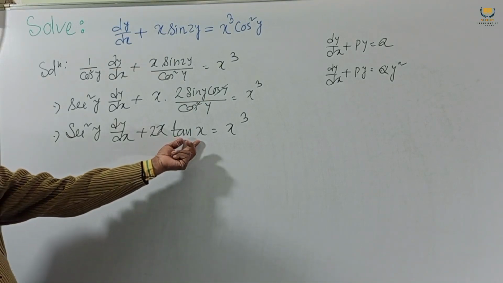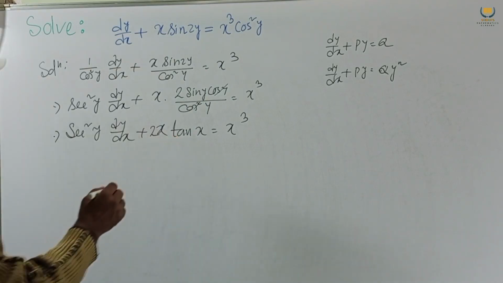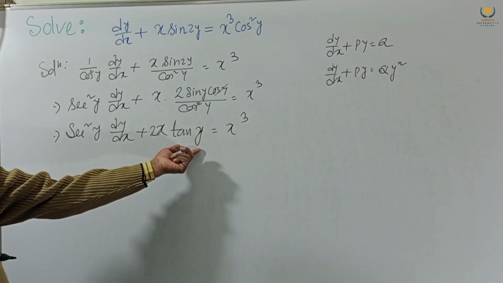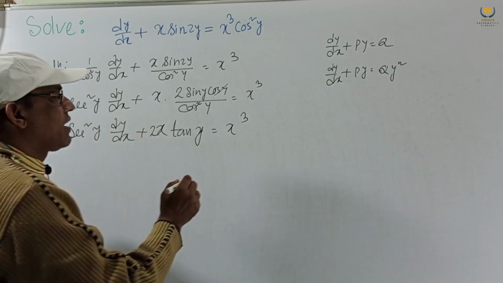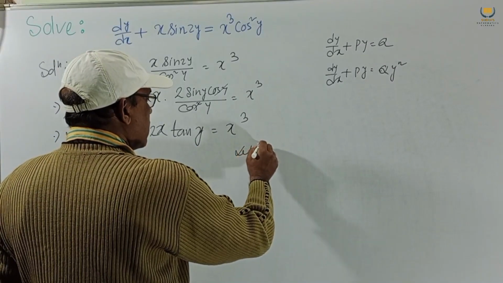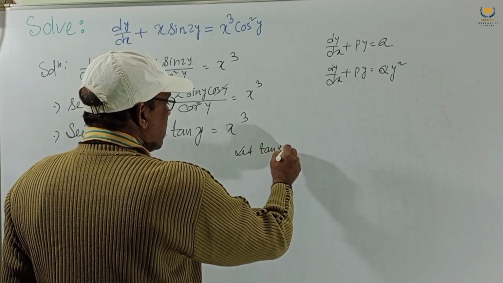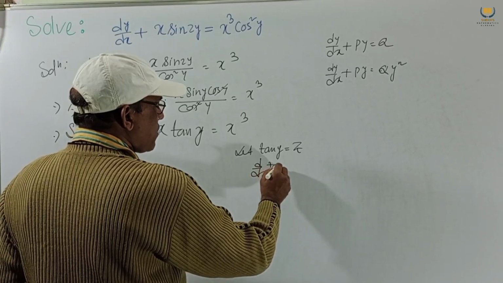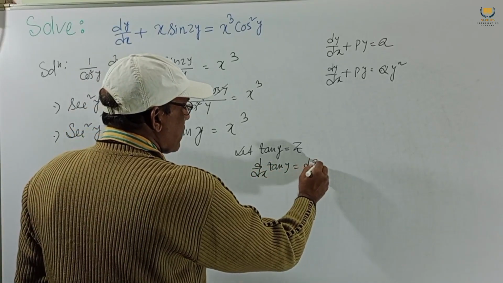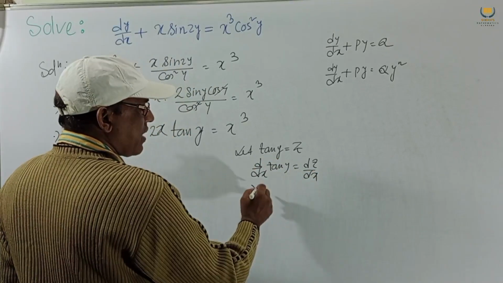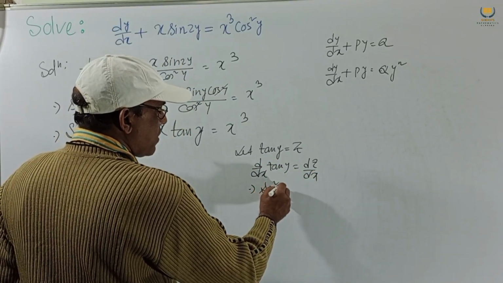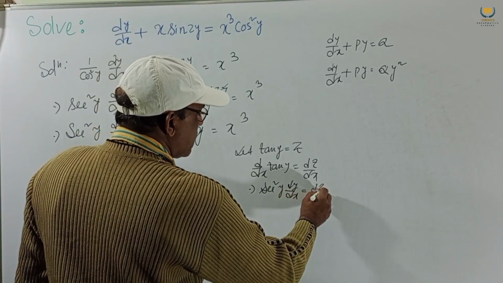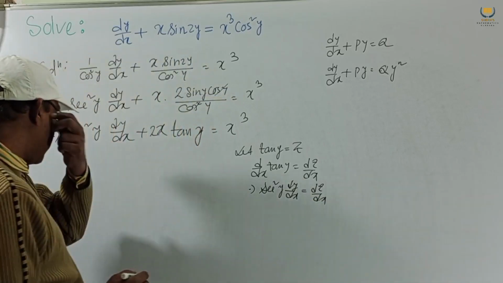Now we put tan y equal to z. If we differentiate tan y, we get sec square y. So let tan y equal to z. Differentiating both sides with respect to x, if we write directly, sec square y dy/dx equals dz/dx.